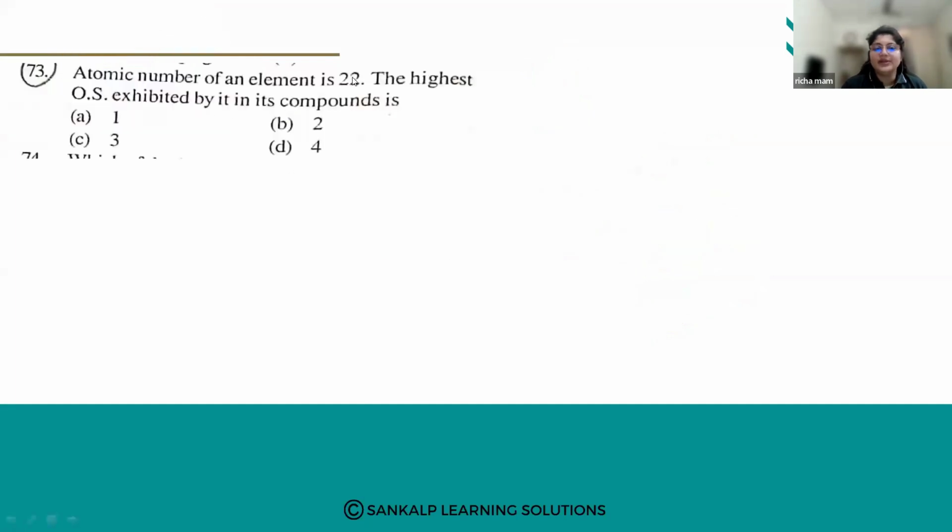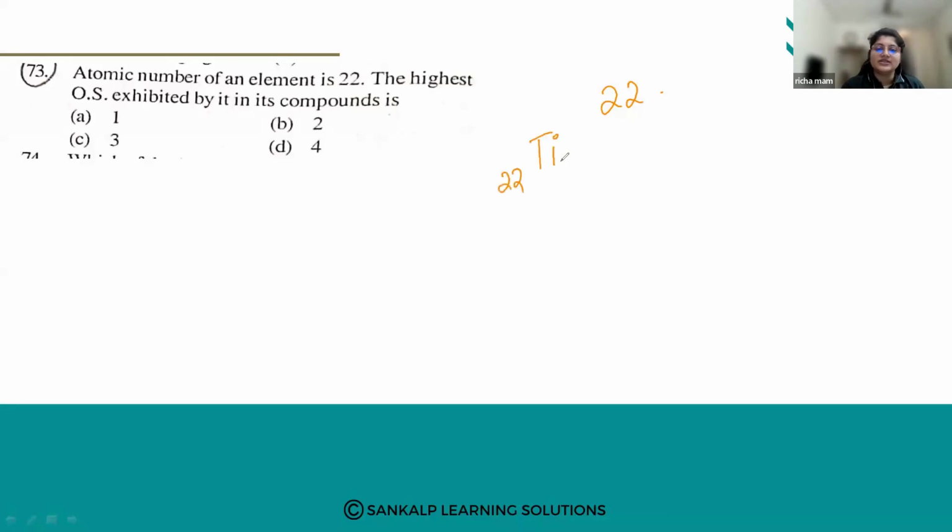The atomic number of the element is 22. What is the highest oxidation state exhibited by its compound? The element 22 is titanium.